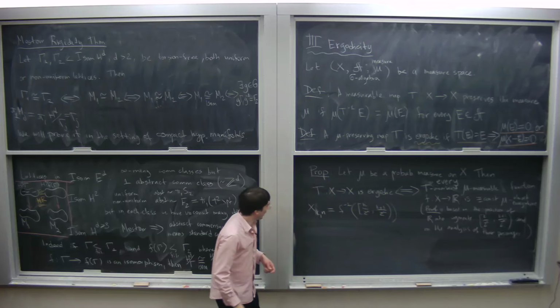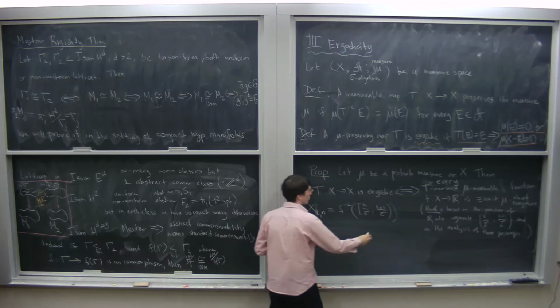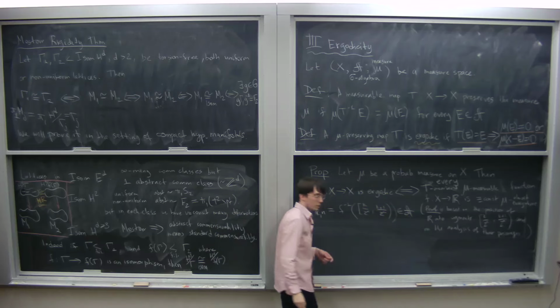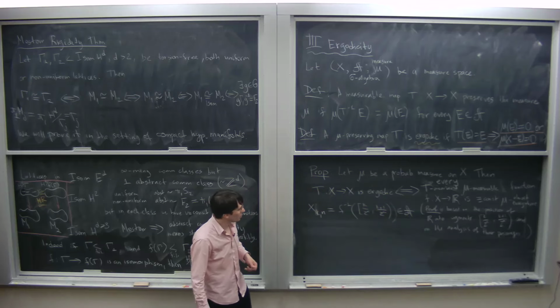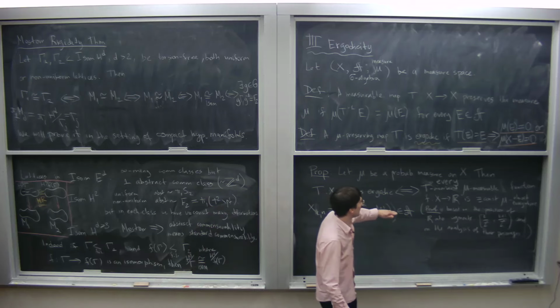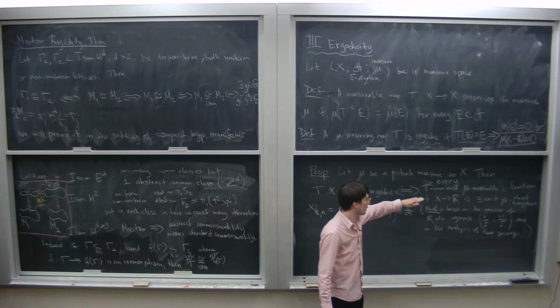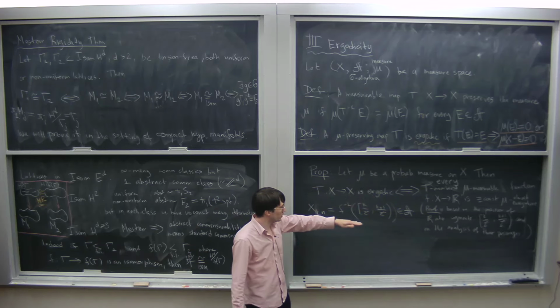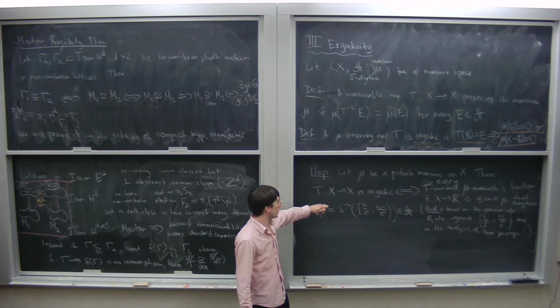And this belongs to my sigma algebra A. Then I use the fact that these are constant, then I get that T is ergodic.